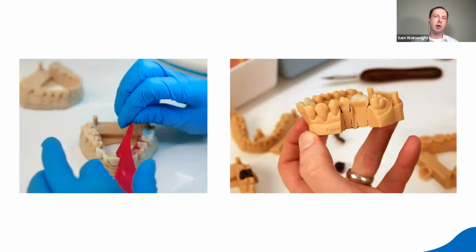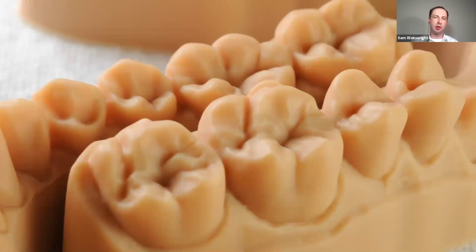Third one here is model resin. This is really ideal for diagnostic study models, restorative models, removable dies, fixed prosthetic implant models, stuff like that. And it's been really tuned to a degree that really achieves the most accurate parts. And I just added this one in recently because I just took this photo.